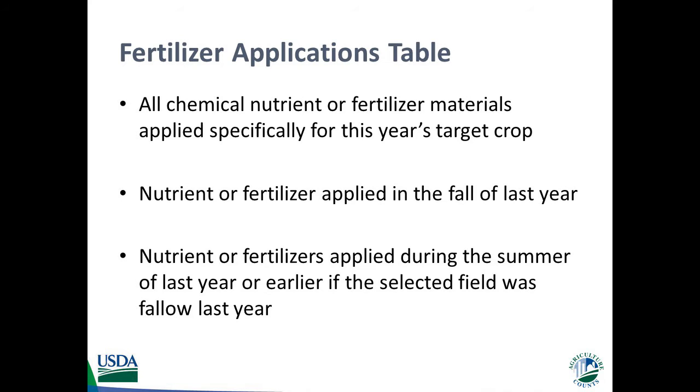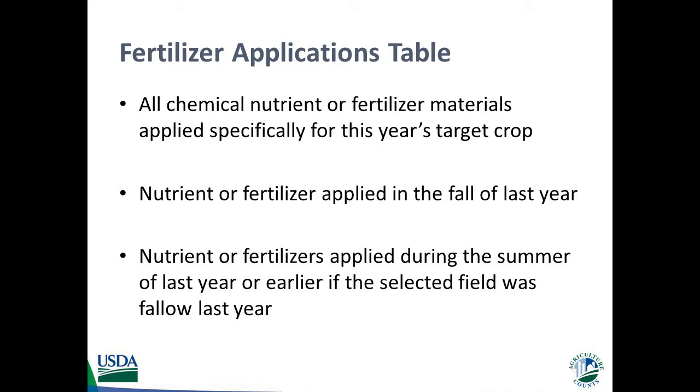In the fertilizer applications table, you will want to record all commercial fertilizer applications either as chemical nutrients or other fertilizer materials that were applied specifically for use on the current year's crop. You should begin by including any nutrient or fertilizer applications applied to the field last fall after the harvest of the previous crop.